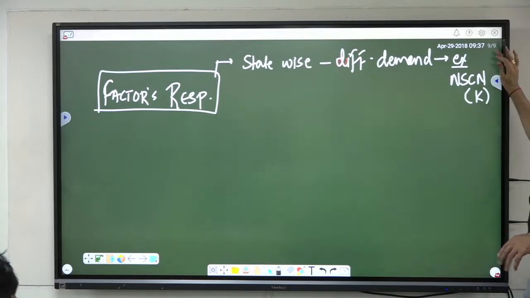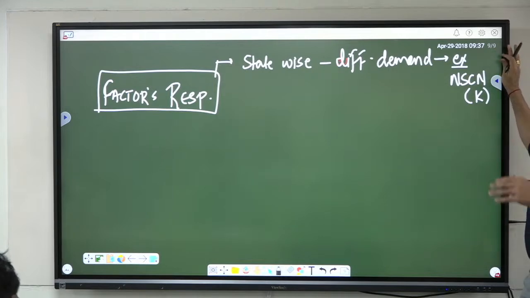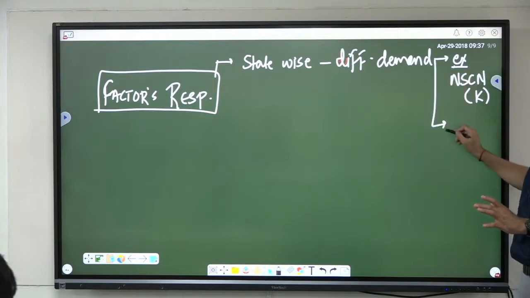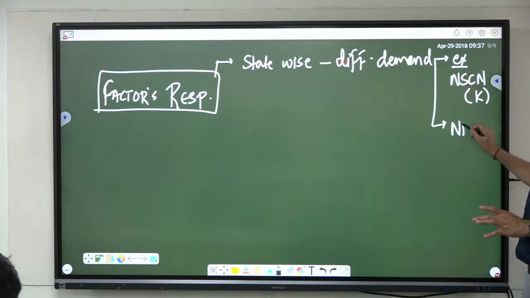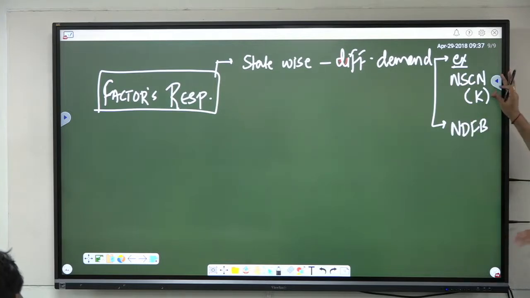NSCN-K wants to go out of mainland India and establish their own sovereign state. Similarly, the second example, the National Democratic Front of Bodoland, NDFB, is also an insurgent group. What does it want? A separate Bodo state. What do they want? A separate country, Nagaland. What do they want? A separate Bodo state. So various groups have various demands.